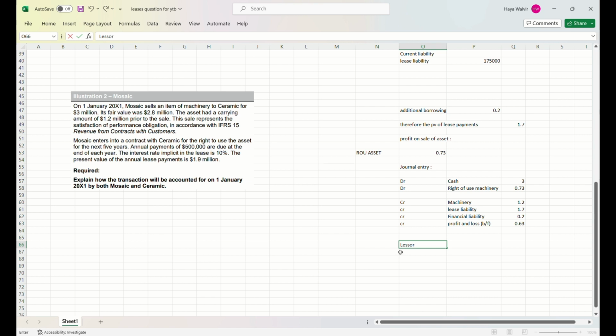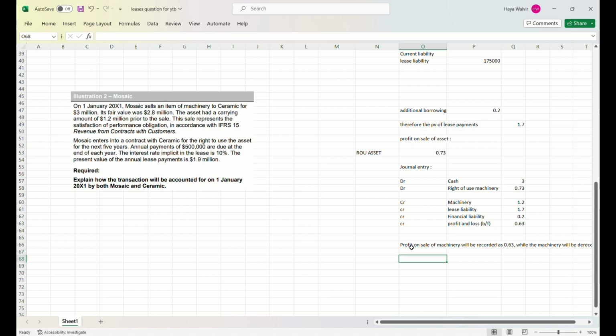Now you should write it down properly. So you should write it like profit on sale of machinery will be recorded as 0.63, while the machinery will be de-recognized from the accounts, right?